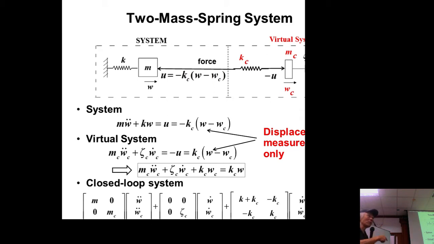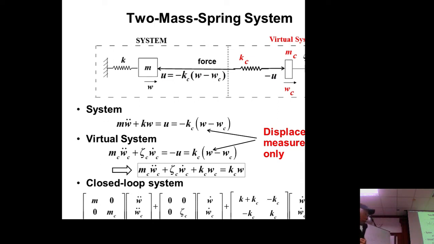And when you do homework 5B, you need to get this closed loop system matrix, but not in this form. I will tell you what kind of form you will get, but it is not this form, because this is for displacement. The homework is for acceleration. So this is for displacement, but the form will be like this, and we'll talk about that later.